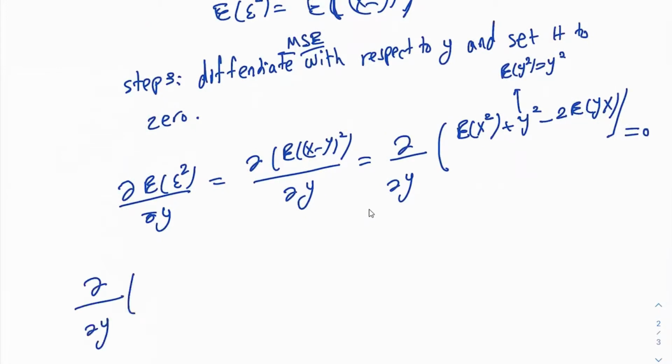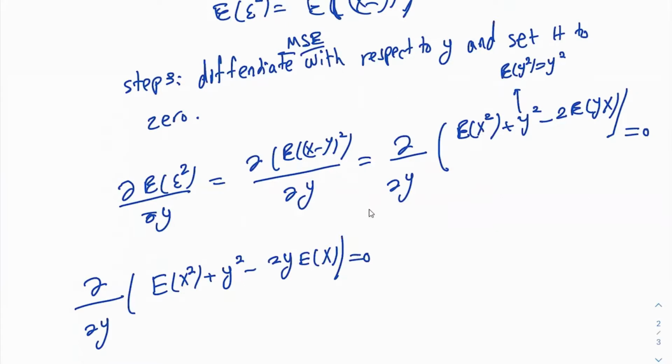Now one more step. I could write it as just one step altogether, but in order to make it more clear, y is a constant. It's not a random variable. You can take it out of the expectation. It will be 2y expected value of x, set to 0.